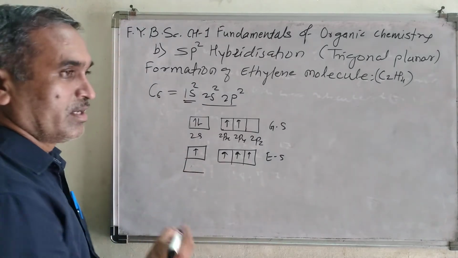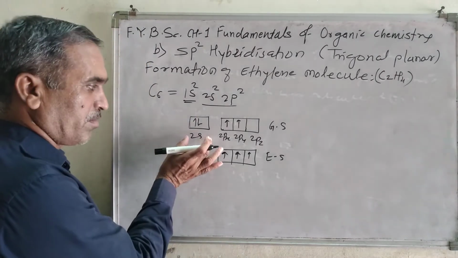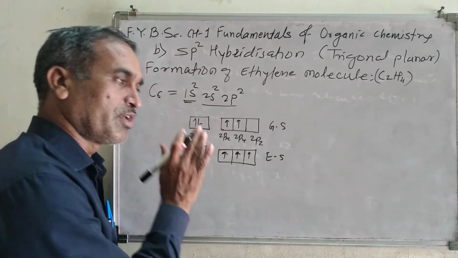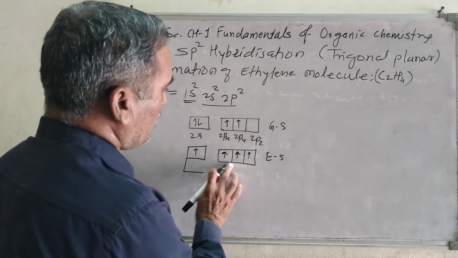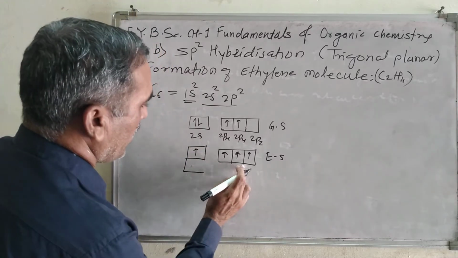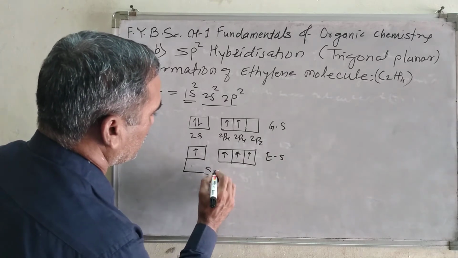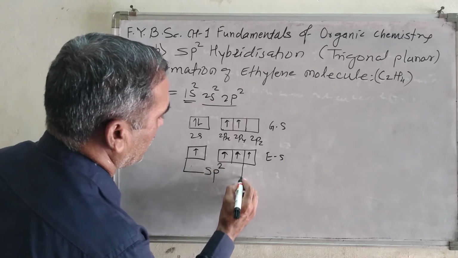Now these orbitals undergo the process of mixing and recasting of atomic orbitals. The s orbital, which is different in energy, and the p orbitals, which are different in energy, combine. One s orbital and 2 p orbitals undergo hybridization, which is known as sp2 hybridization.